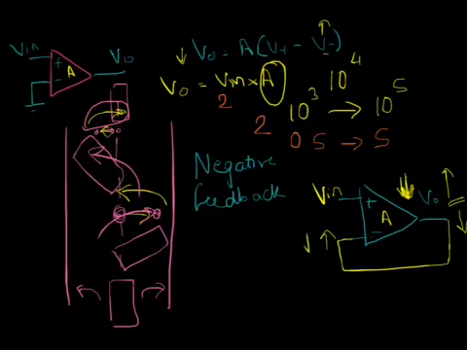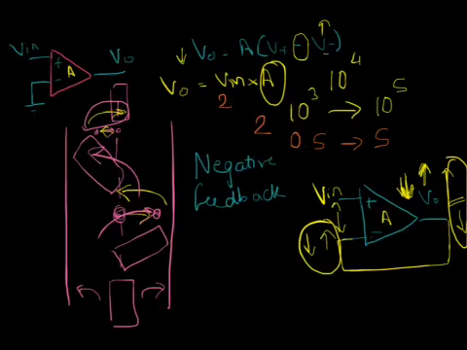Again, the V minus is going to decrease. So the difference between Vin and V minus is going to increase, and that will cause Vout to go back up. So basically, if any kind of problem happens at Vout, the same thing appears at V minus, and since V minus has a negative relation with Vout, it causes the Vout to move in the opposite direction, and thus the error gets corrected.